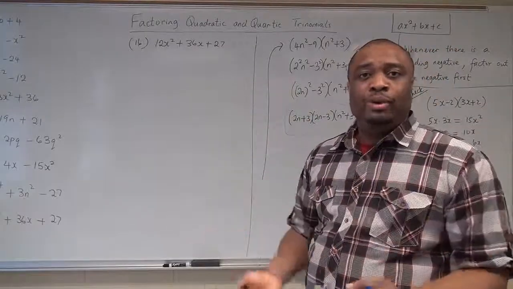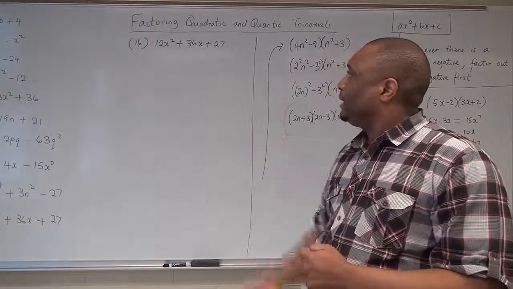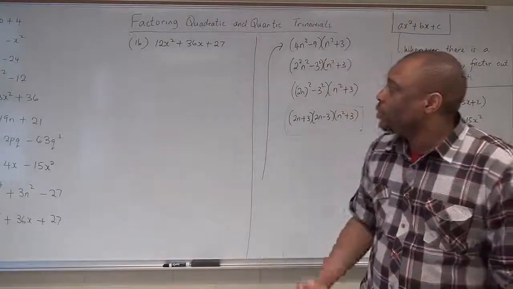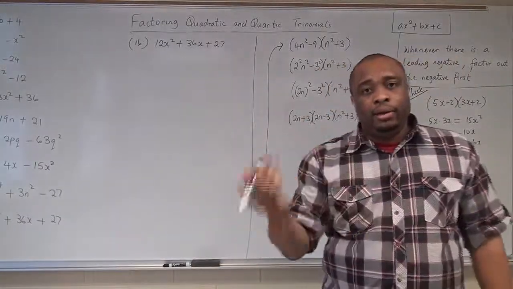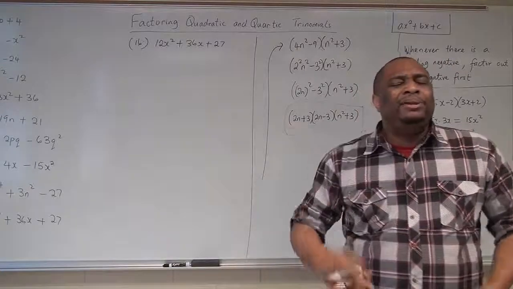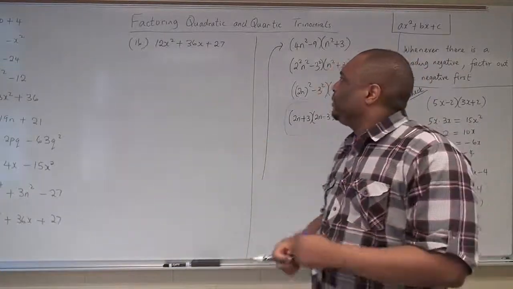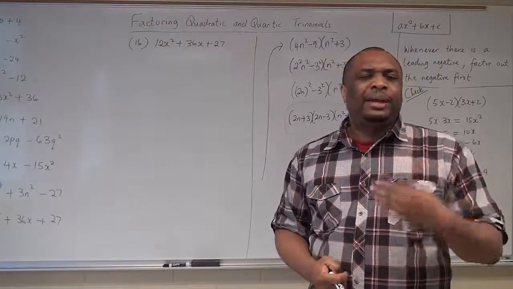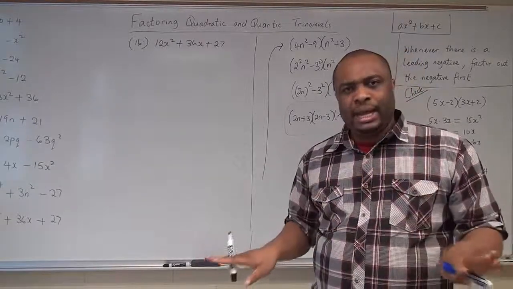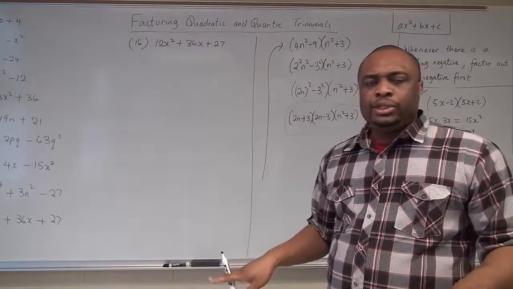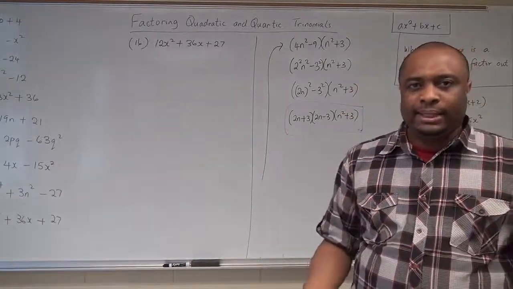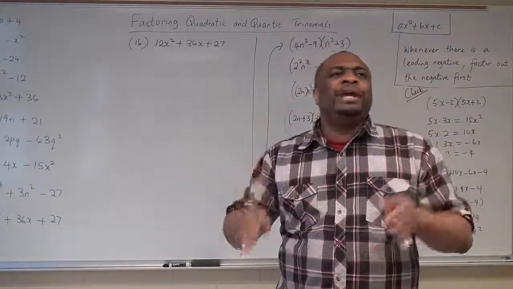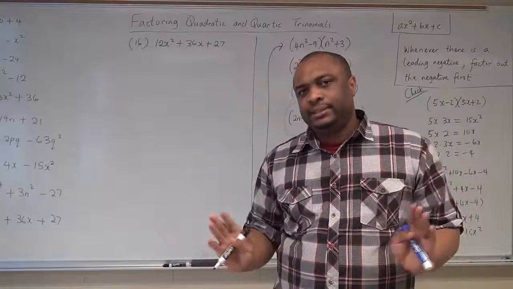You can do it the usual way we've been doing it, 12x squared plus 36x plus 27, because it is in the general form, and then you find the 2 factors. But those are big numbers. First of all, see whether you can factor by GCF, because if you can, it breaks it down and makes it easier for you. So you will not have to deal with big numbers. Any polynomial at all, see whether you can factor by GCF first.